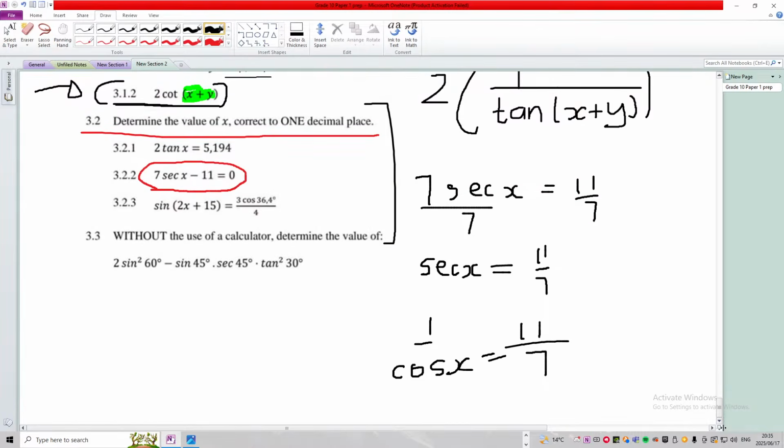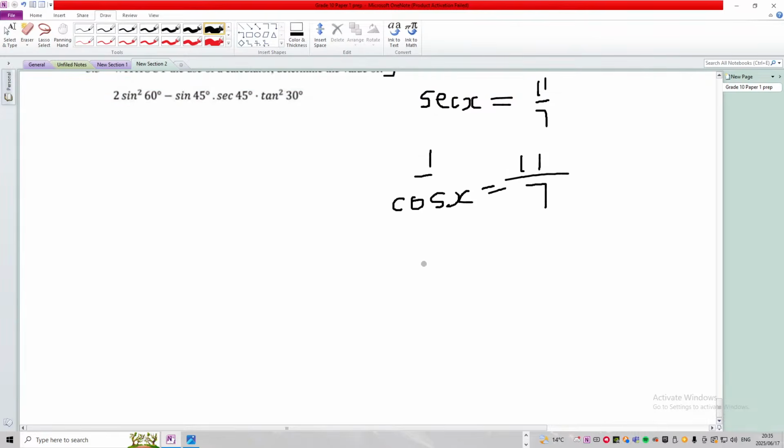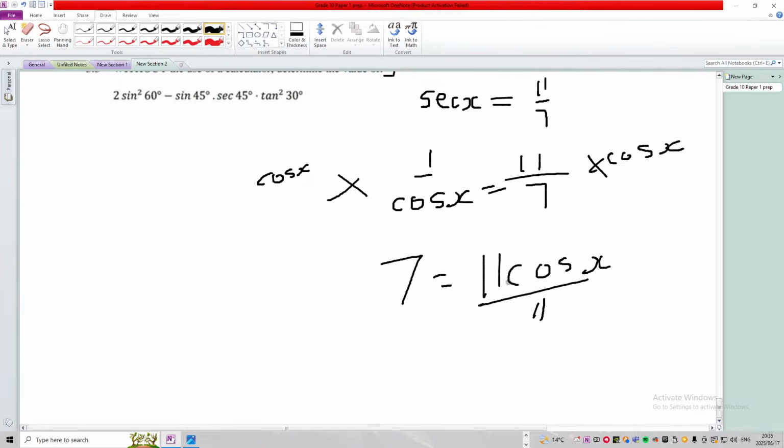Okay, almost done. Don't worry, almost done. So, to find cos of x, I'm just going to cross multiply. So I'm just going to multiply cos of x on both sides, and I'm going to cross multiply the 7 as well. So I have 7 equals 11 cos x, divided by 11, cos x equals 7 over 11.